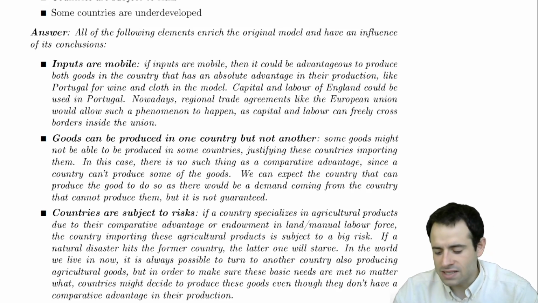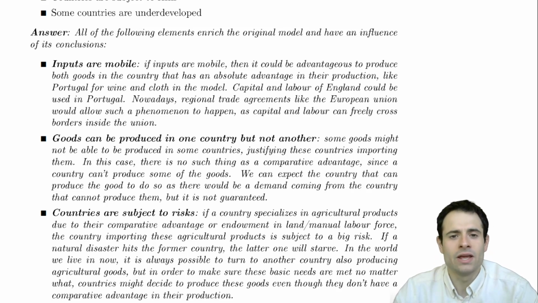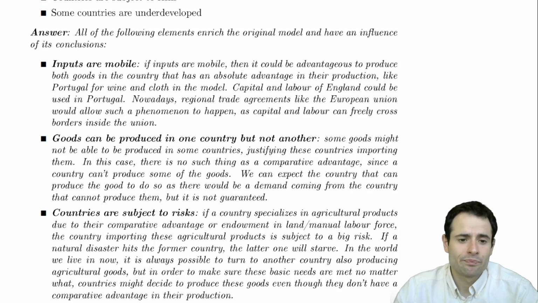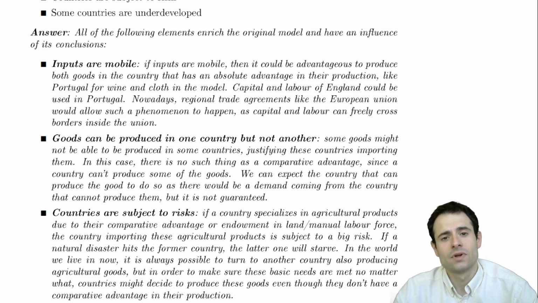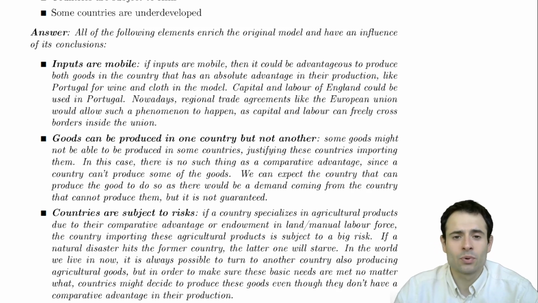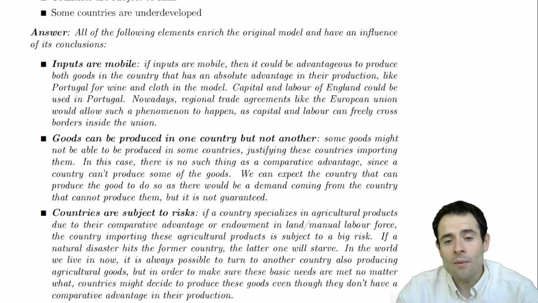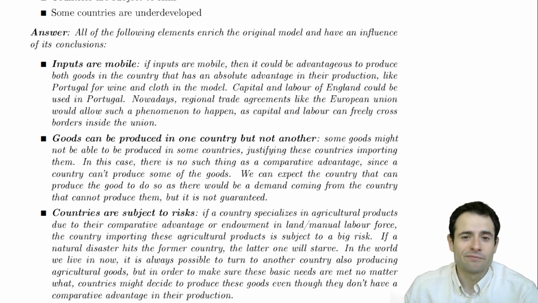Of course, nowadays it's still possible to produce them under very specific conditions, but it is not easily feasible. In this case, there is no such thing as a comparative advantage, since a country cannot produce some of the goods. So we can expect the country that can produce the good to do so because there will be a demand coming from abroad.